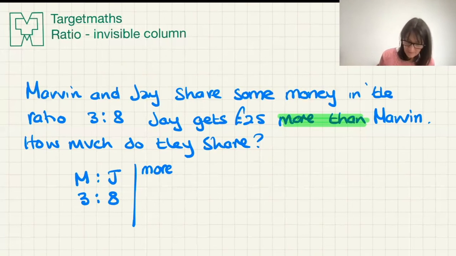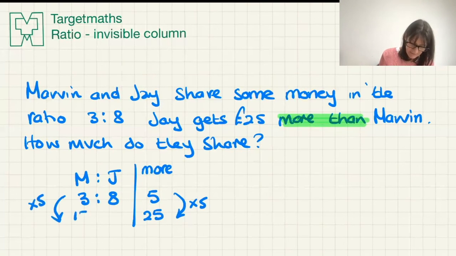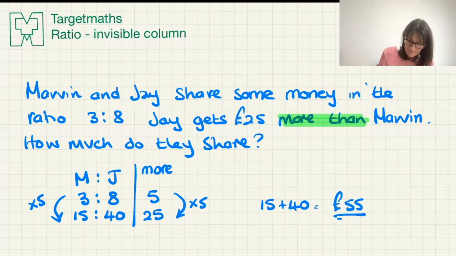Okay, he gets 5 more. So if Marvin's got £3 and Jay gets £8, Jay has £5 more at this stage. He gets a total of 25 more. So now that goes in and I carry on as normal. I've got to times by 5 that side to make that true. So I'm going to times by 5 this side, giving me 15 and 40. The question is, how much do they share? So that's 15 plus 40, which is £55.